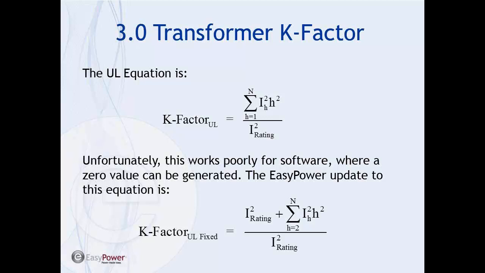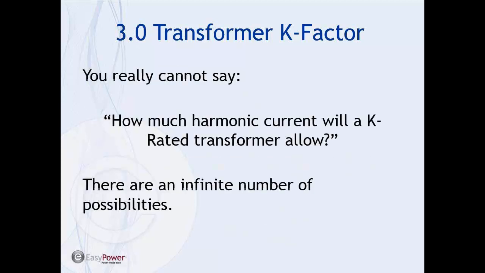And in reality, you should never have a K factor that's less than 1. It's 1 or greater. 1 means it's basically fundamental rated. You can put fundamental current up to its rating, you're all good. A K factor that's higher than 1 means that on top of that, you can put harmonic currents through the transformer as well. Now, we really can't say how much harmonic current a K-rated transformer will allow.